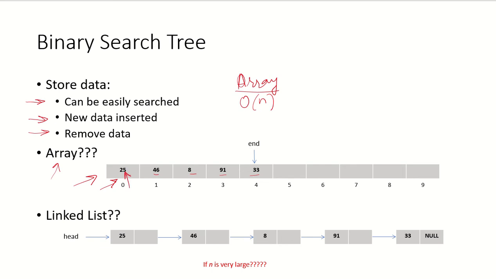First, we will compare with the element at index 0, then at index 1, then index 2, index 3, index 4. There is a possibility that the element would be found here or it would not be found in the data in the array at all. So the complexity of a search operation in an array would be order of n, and this is the worst case complexity.